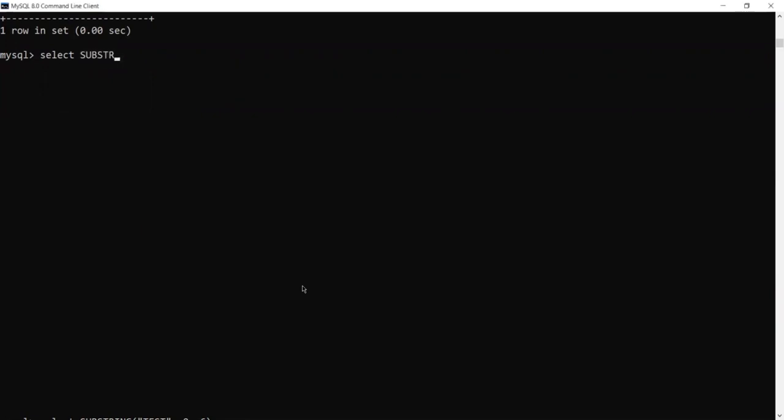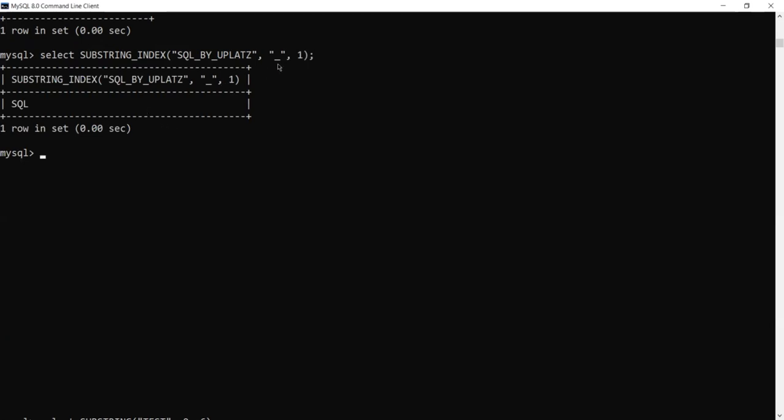Select substring_index, then let us take SQL_by_uplats. Let me give a delimiter here first: underscore. This is my delimiter. And then if I say 1, we can see that it has given me only the first part. Now what are these delimiters? You must have heard about delimiters.